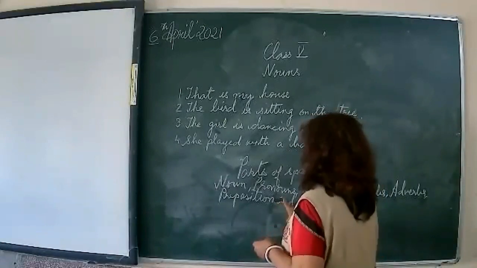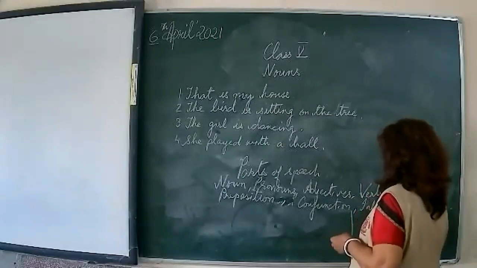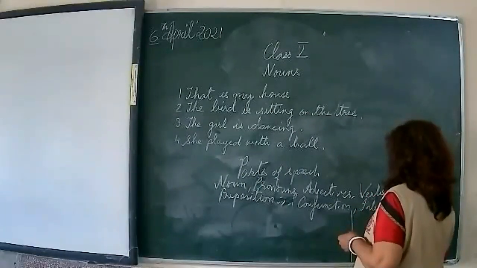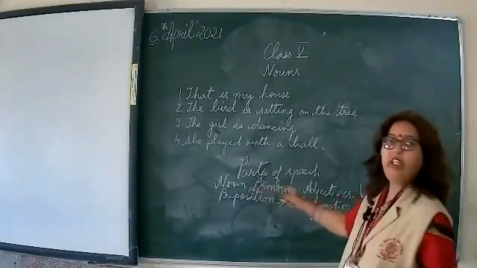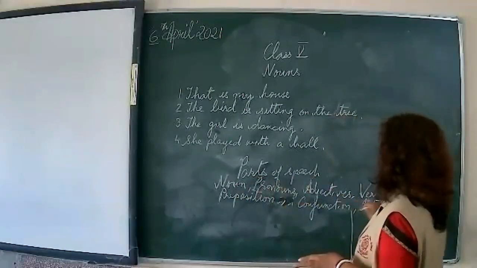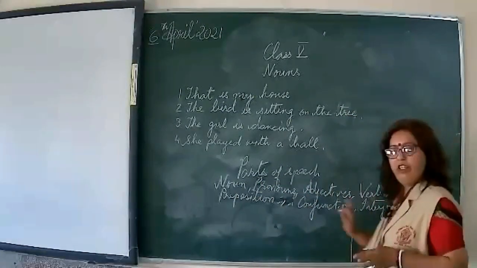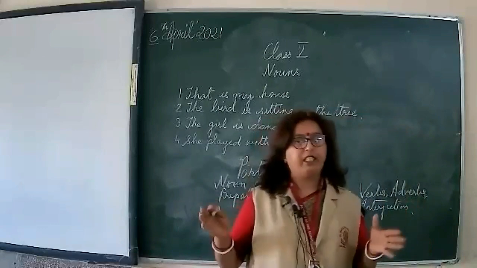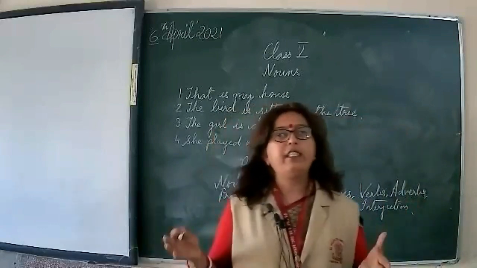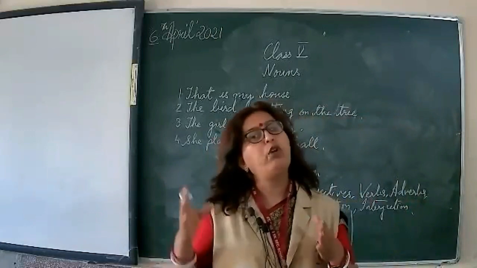One more, sorry, interjection. So these are the 8 parts of speech: noun, pronoun, adjectives, verbs, adverbs, preposition, conjunctions, and interjections. We use these to make a sentence or to frame a sentence. This is how we are going to learn them.